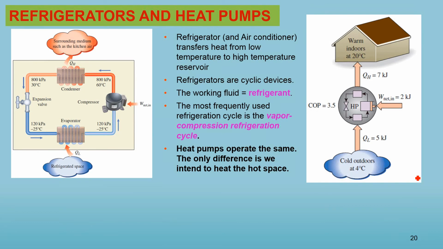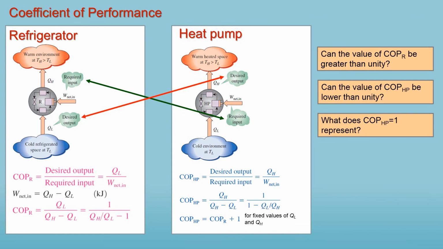The only difference between a refrigerator and a heat pump is the objective, what we are using it for. If you think about your refrigerator, it is there to remove heat from a cold space. On the other hand, if you are thinking about a heat pump that you use to heat your room, the objective is heating your room.